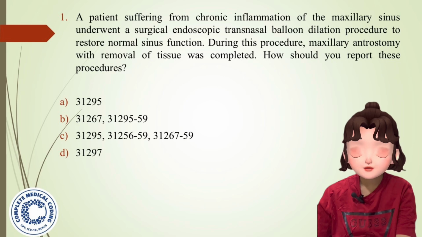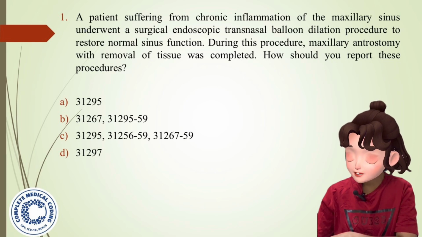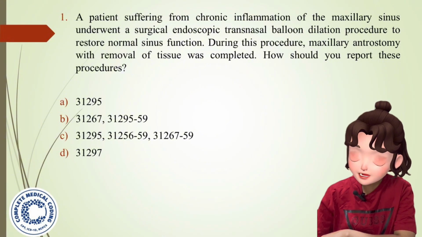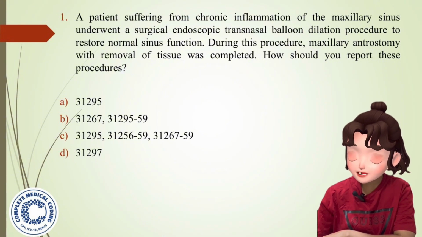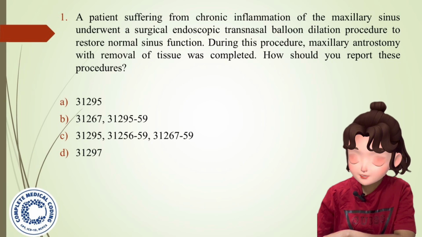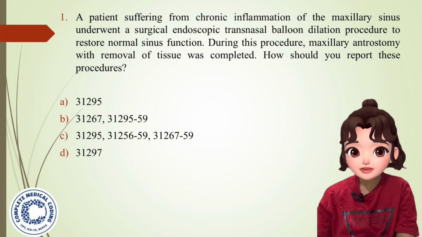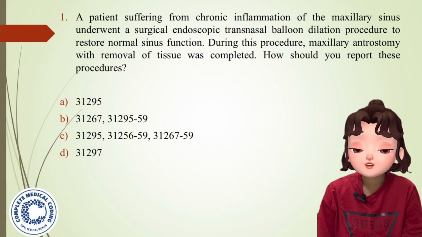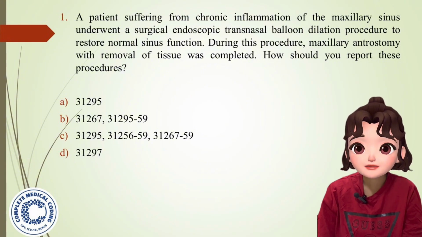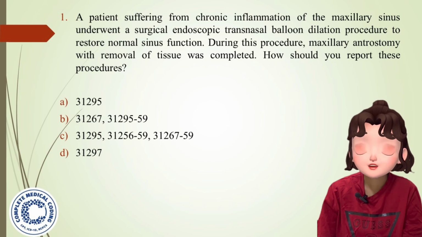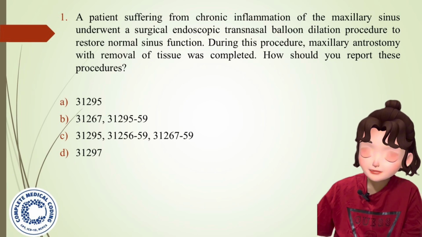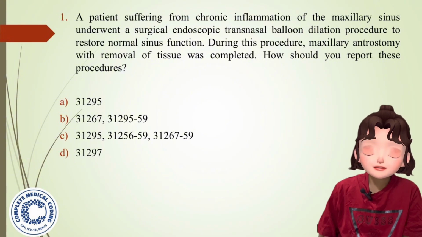Nasal or sinus endoscopy surgical with maxillary antrostomy with removal of tissue from maxillary sinus. This code we also needed, right? As mentioned in the question, during the procedure, maxillary antrostomy with removal of tissue is completed. So that is what is mentioned in code 31267. And then 31295, as we had discussed.